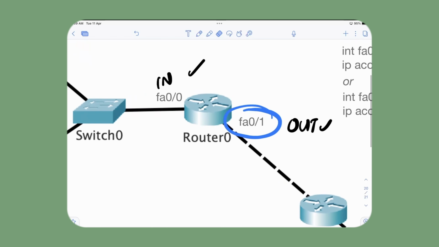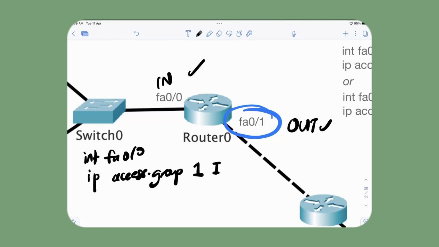If I want to put it in FA00, it will be IP access-group. So I go to INT FA00, IP access-group 1 in.